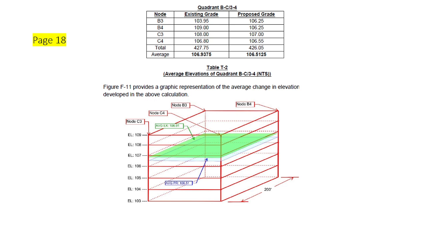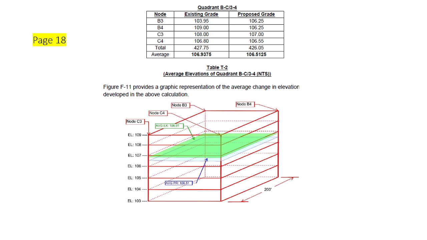106.51. Did I get that? Let's look and see what they got. And that's what they got when they averaged the proposed grades. I was looking at my calculations; they're a little bit different, but I don't think so.